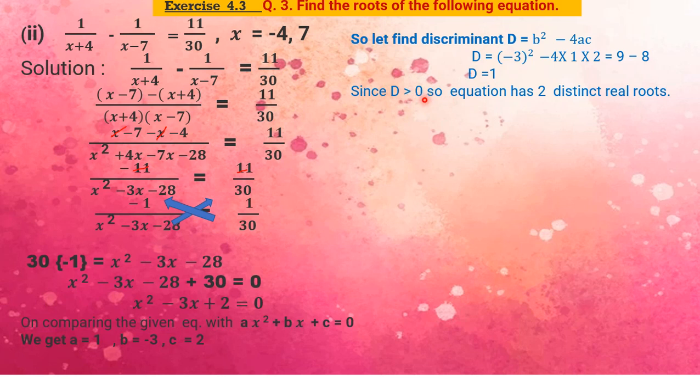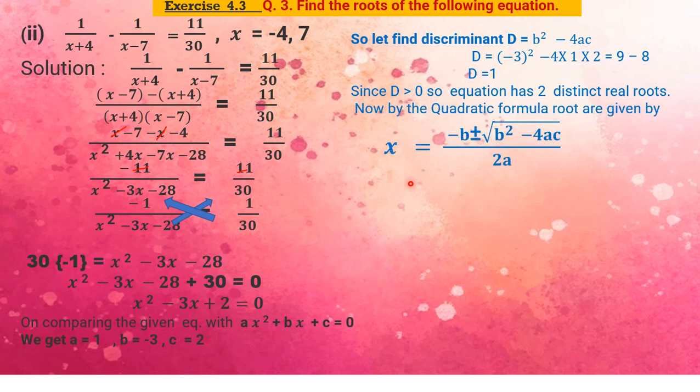So we can say the discriminant D is greater than 0. And we know that for the discriminant, if D is greater than 0, the equation has two distinct real roots. So here the equation x square minus 3x plus 2 is equal to 0 has two different roots for x. Let's find them by the quadratic formula. The formula is x is equal to minus b plus minus under root b square minus 4ac upon 2a.